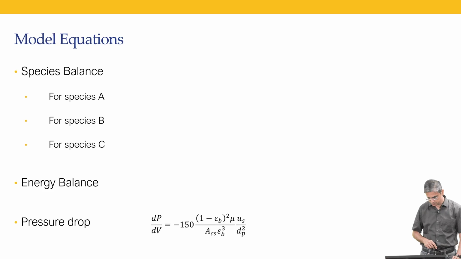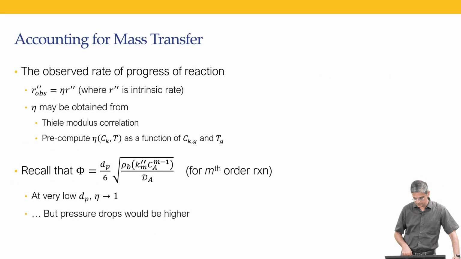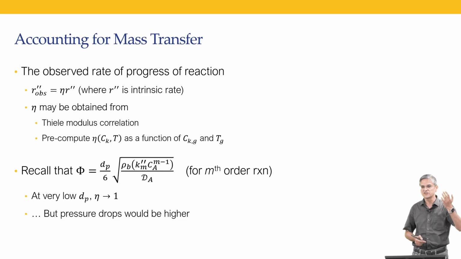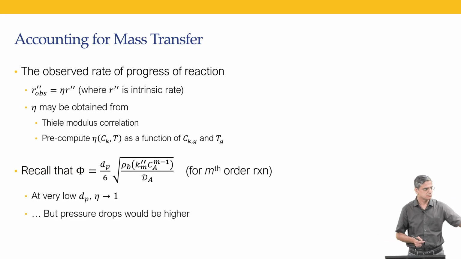This was a student request a couple of years back. We will take up an example where we are going to consider pressure drop also, that we will do in the next to next class. This is what you are going to do in your assignment, just what I told you about. In the pseudo homogeneous model accounting for internal diffusion resistance, you calculate your eta. If it is a first order reaction, your eta is independent of concentration.